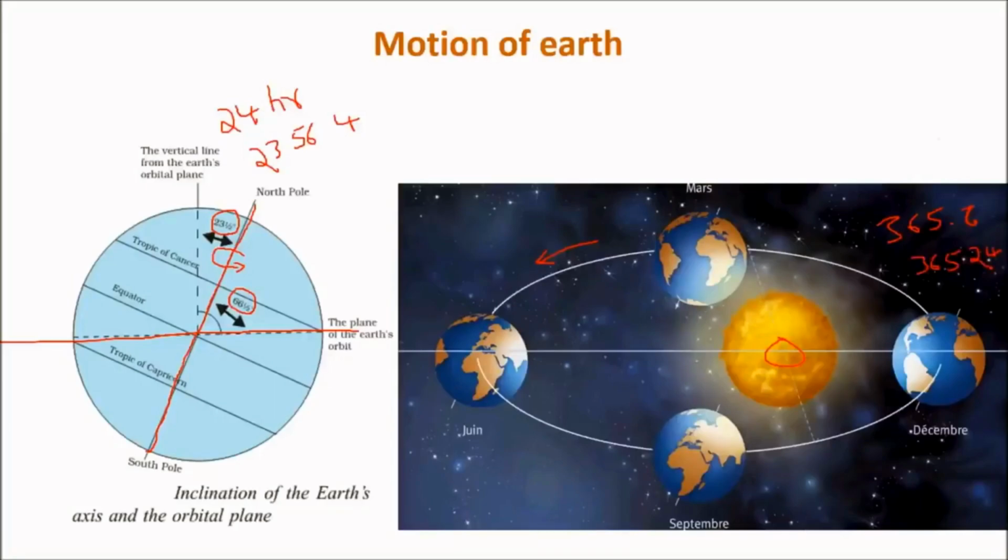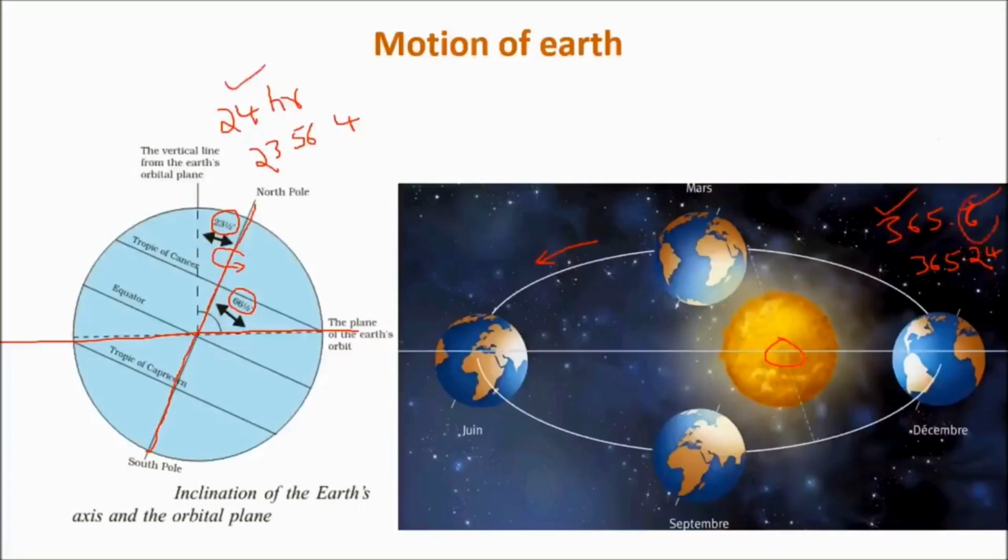For convenience, we exclude this extra 6 hours. We consider a year as only 365 days. Likewise, when it comes to rotation, we take that the Earth rotates in 24 hours instead of 23 hours, 56 minutes and 4 seconds.